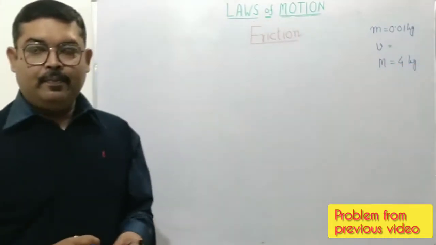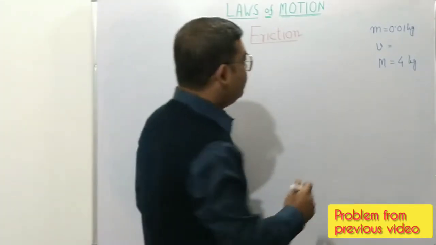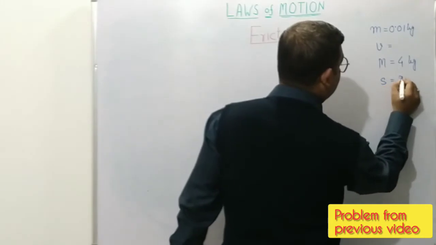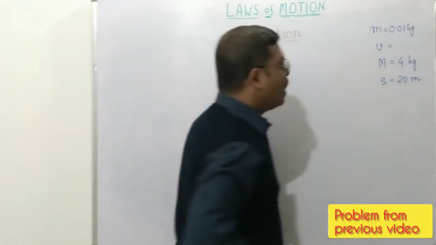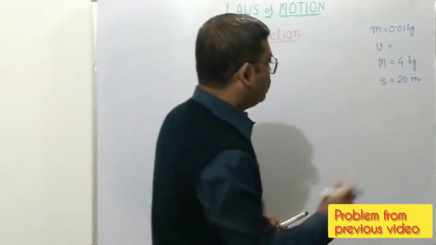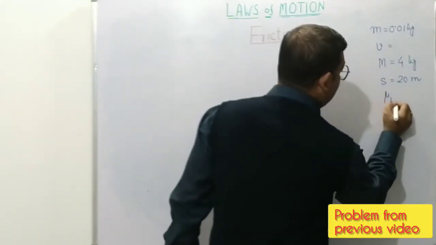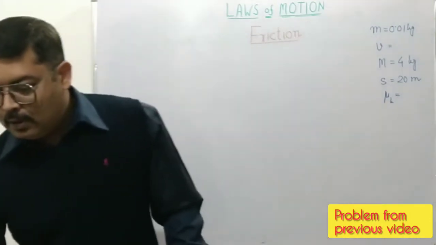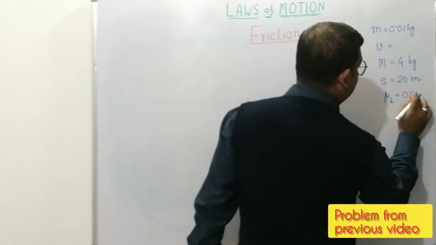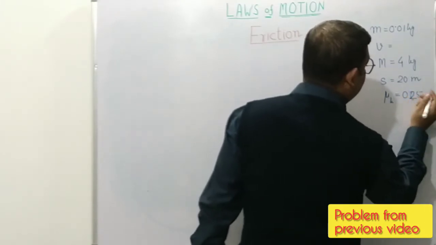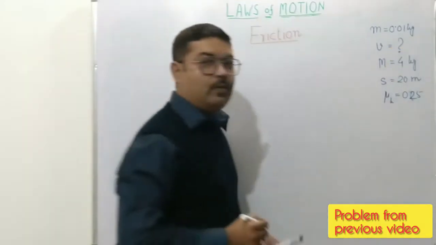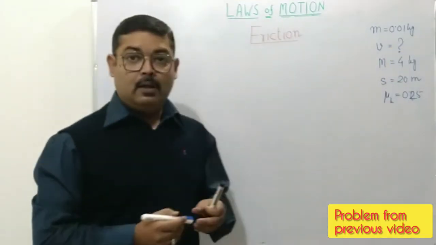The whole system moves for 20 meters before coming to rest. The coefficient of kinetic friction is given to be equal to 0.25. We have to find the velocity with which the bullet hit the block.